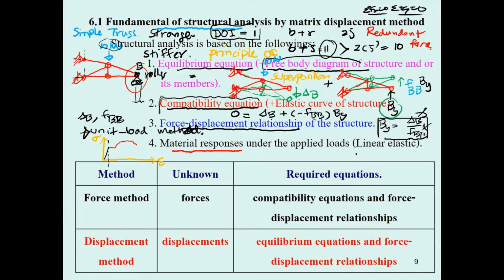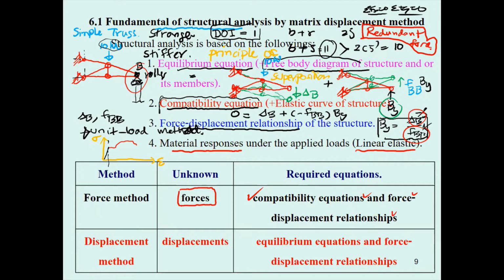By doing this, we say the material response under the applied forces is going to be linear elastic. We work on the truss with the unknown forces, which we call the redundant forces, and then we use the compatibility equation and the force displacement relationship to solve the problem.